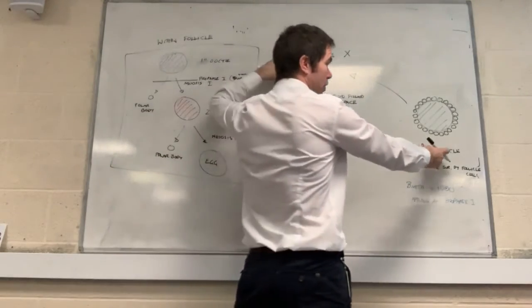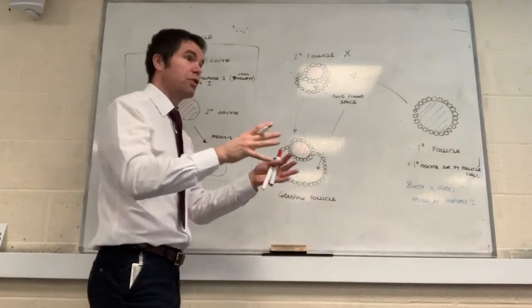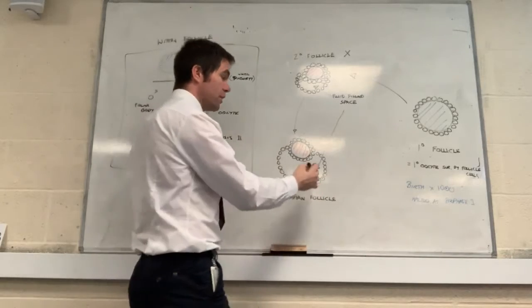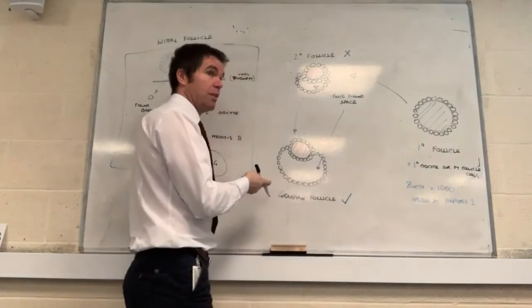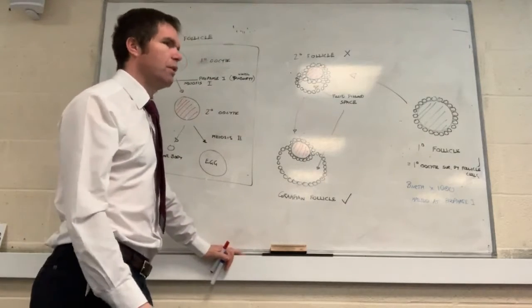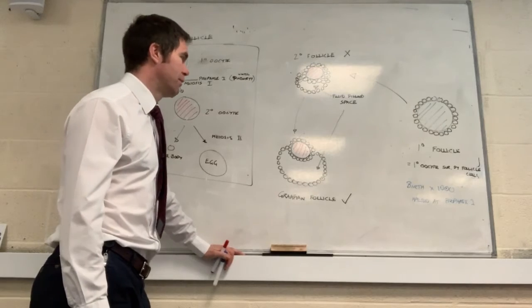A very small chance to identify a primary follicle, but it's so small that it's quite difficult for them to show a microscopy image and say, what's this? There's a very good chance you're going to be asked to identify a Graafian follicle. If they're asking you to label it, it's almost certainly a Graafian follicle.